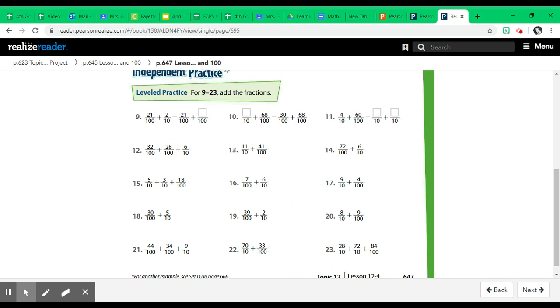It has an equal sign in the middle of the problem here. This is just saying they want it to be the same on both sides of that equal sign. So 21/100 plus 2/10 is the same as saying 21/100 plus how many hundredths?